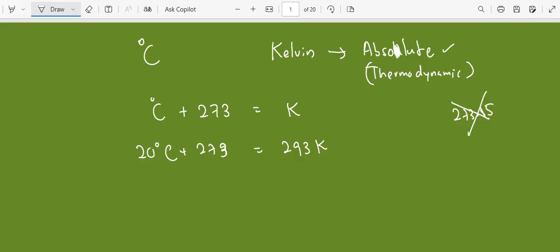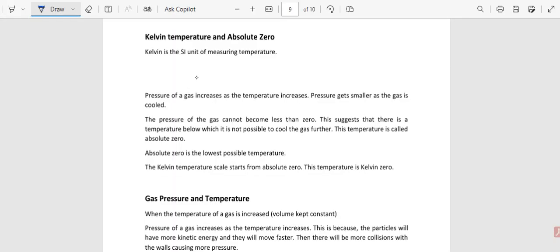Right. So since you have this note, it mentions here how to convert. Kelvin temperature equals Celsius plus 273.